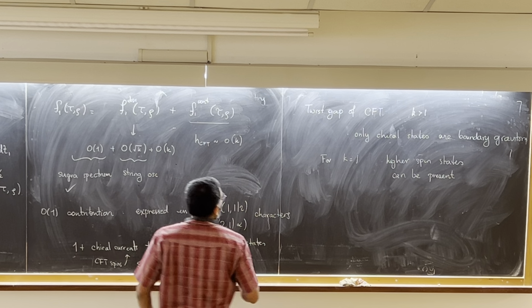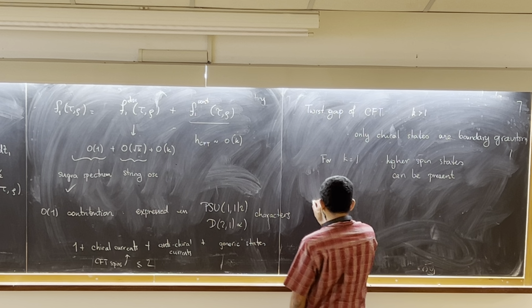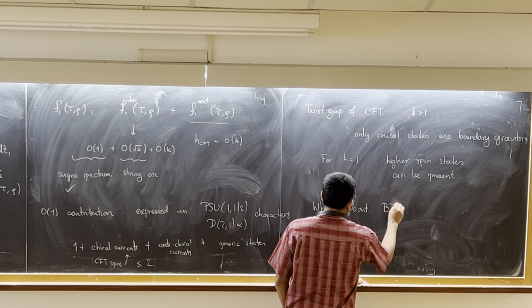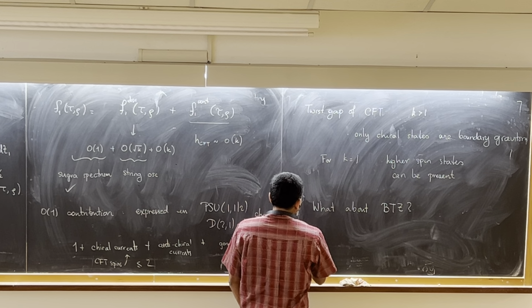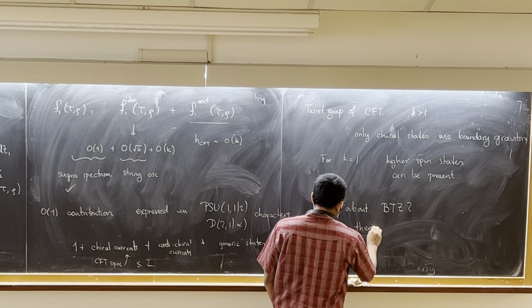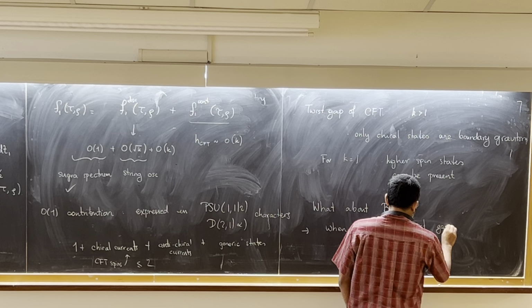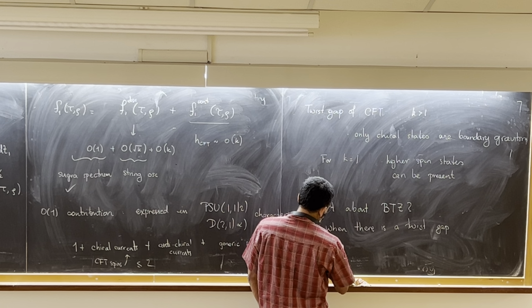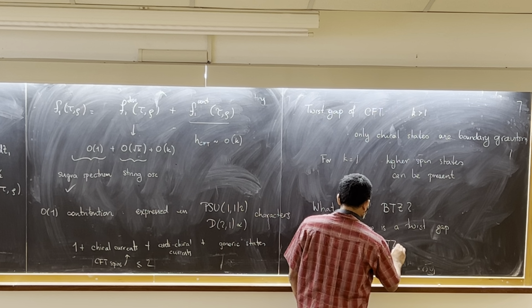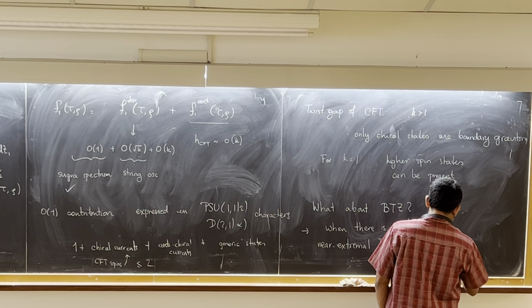Now that we have the answer and we have a twist gap, I can now make my assertion about BTZ black holes. When there is a twist gap, the near-extremal BTZ partition function is given by the modular transform of the vacuum character.